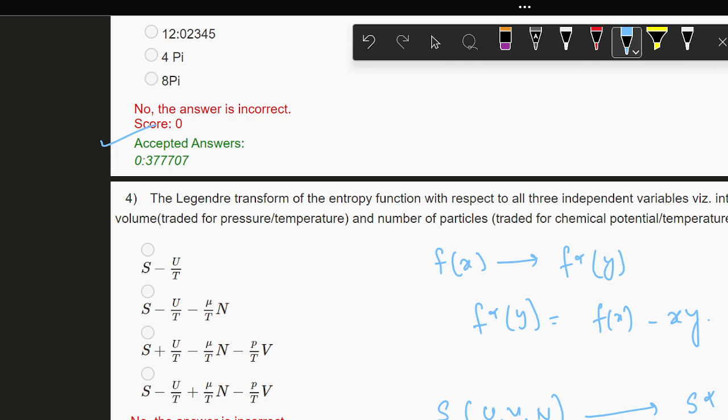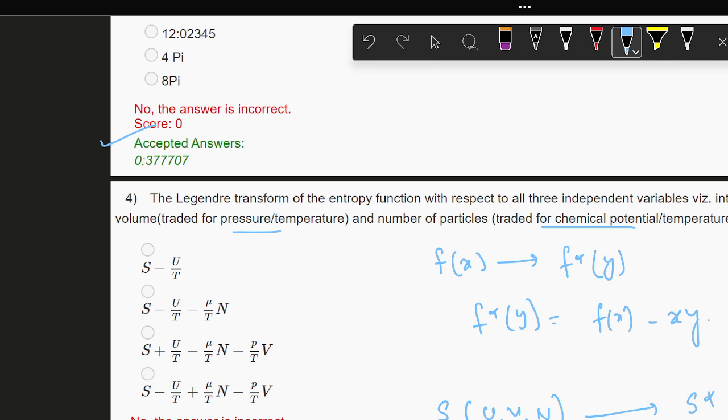Here it is mentioned that for internal energy you have to trade it by temperature. So you have to transform the variable dependence to temperature. For volume you have to transform it to pressure. And for number of particles you have to change it to chemical potential. So basically you have to change it to T, then P and mu.